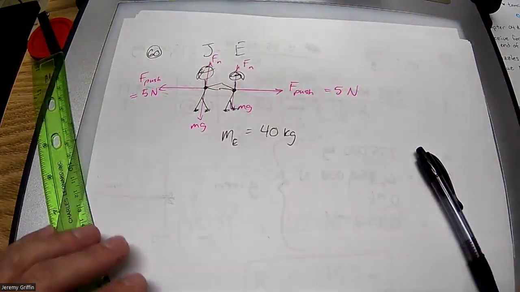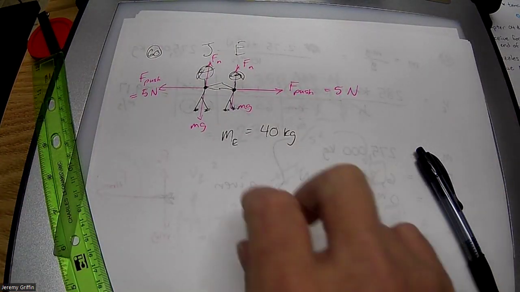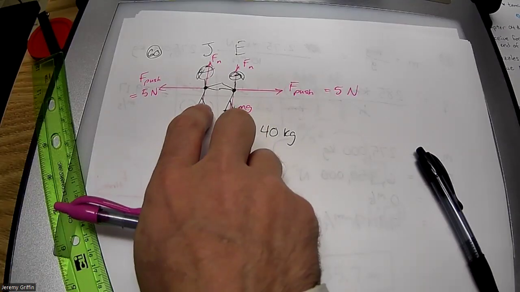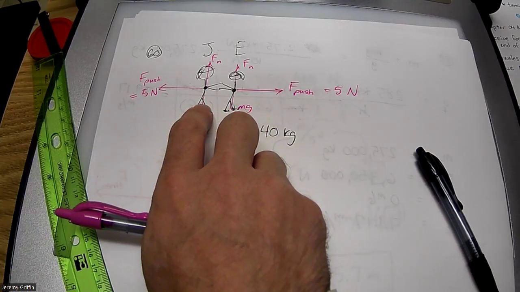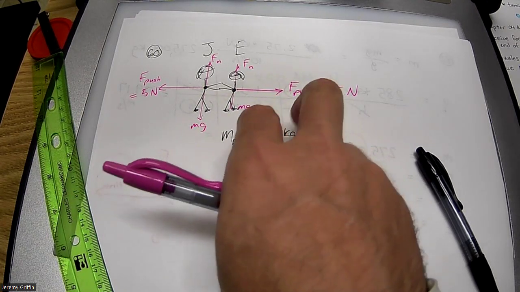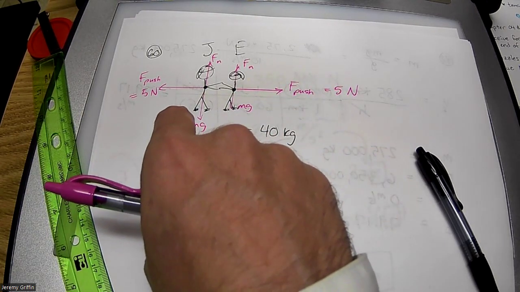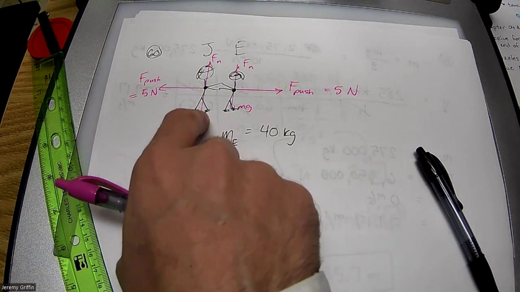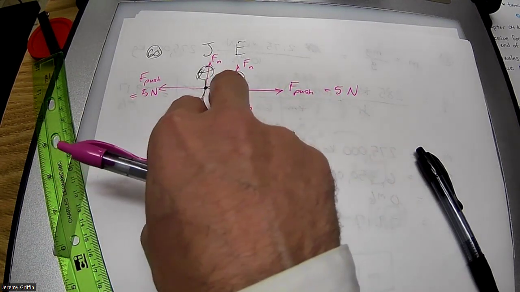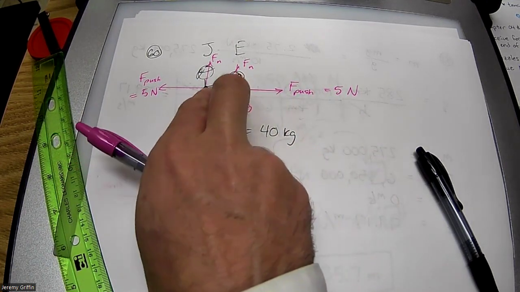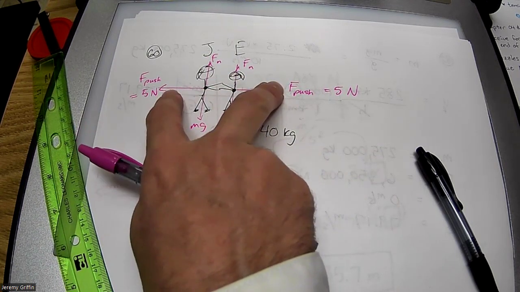The other question I've been trying to get to is, are they both on skates? Is just one on skates? Would that change the answer? Remember, we're trying to figure out the acceleration. What if Joyce is not wearing skates, what if she's just planted into the ground? She's not going to move. Isn't all the motion going into Efwa? Well, what if Joyce is on skates? Isn't she going to also push herself backward?